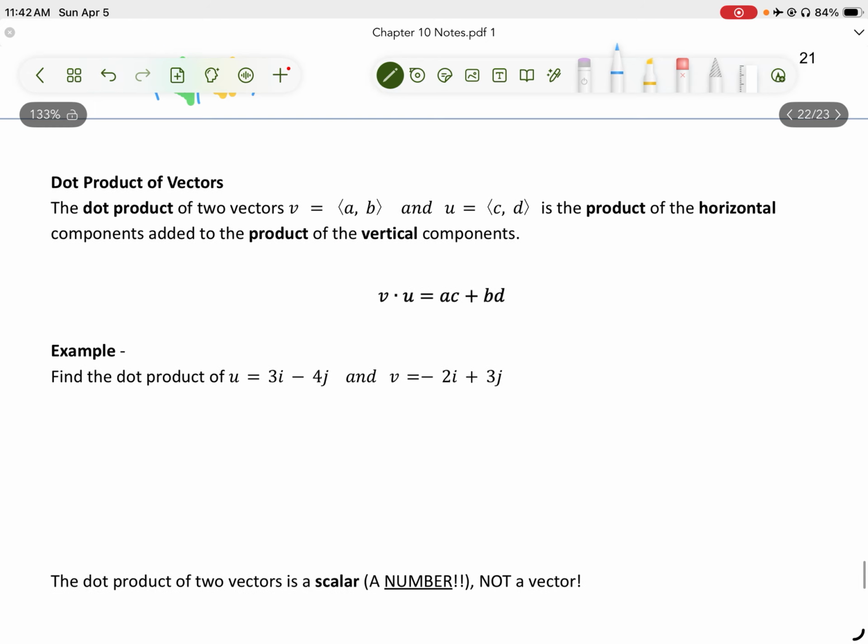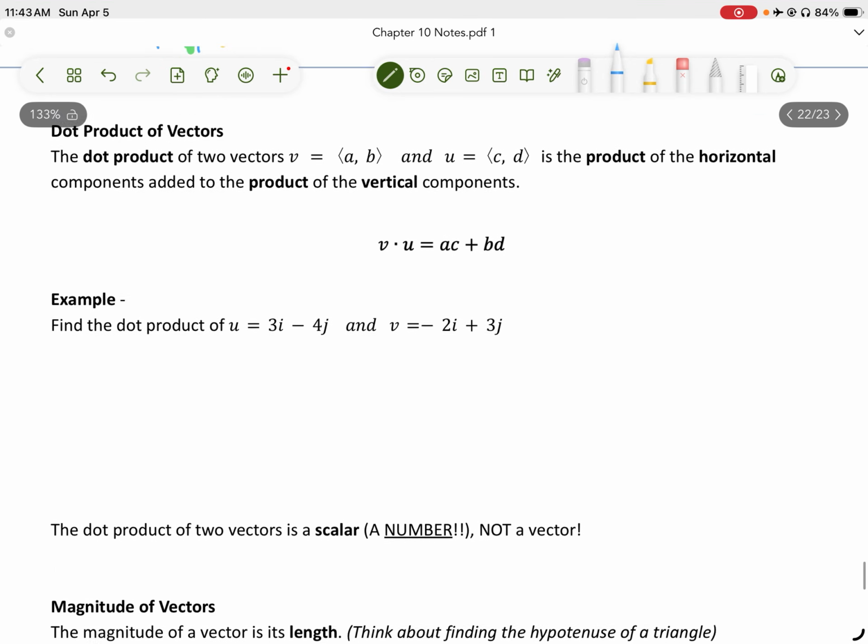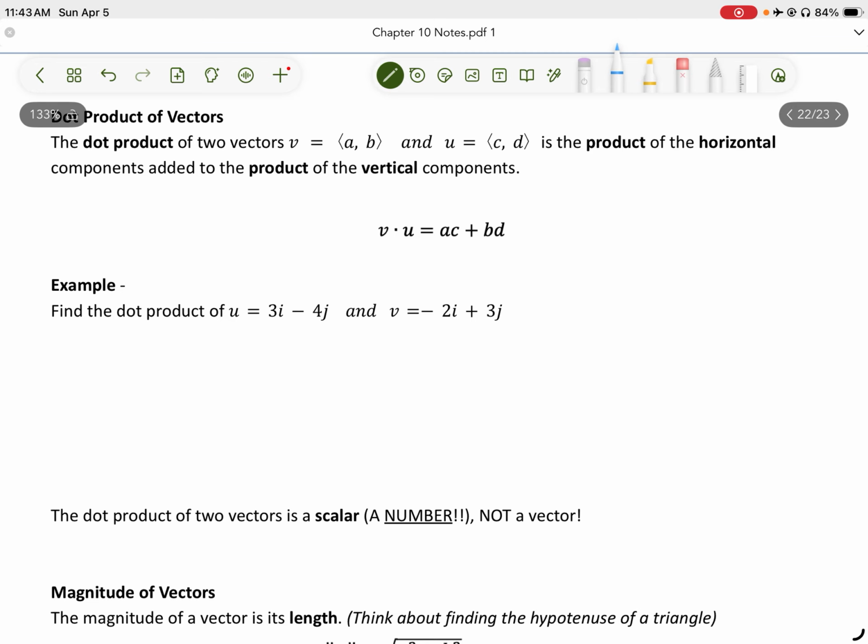We also have the dot product. That is the product of the horizontal components added to the product of the vertical components. So you multiply the first things and then add the multiplication of the second things. The order here doesn't matter. You could do bd plus ac or ac plus bd. So u dot v is not multiplication.